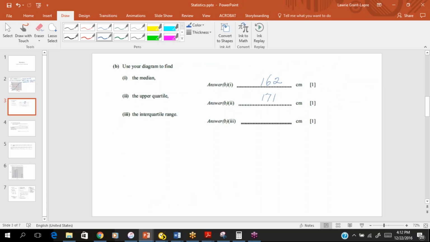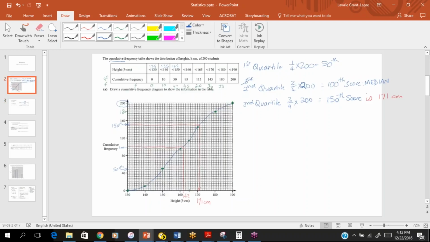So what we will do in this space here is write 171 centimeters. The interquartile range. I'll put here the interquartile range equals the third quartile minus the first quartile.